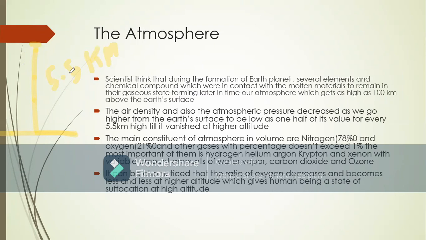The main constituent is nitrogen, 78 percent of the atmosphere, and oxygen 21 percent, and other gases exist in small percentages, like carbon dioxide, hydrogen, helium, argon, krypton, xenon, radon, and so on, plus variable amounts of water vapor, carbon dioxide, and ozone.